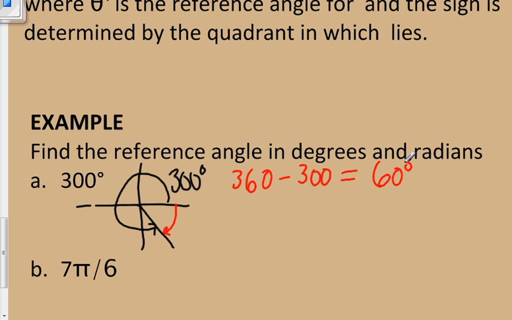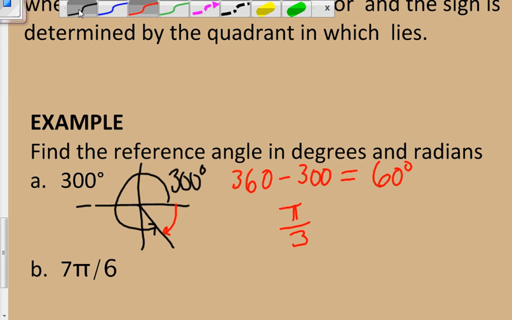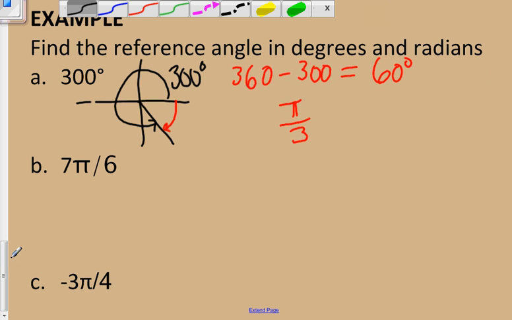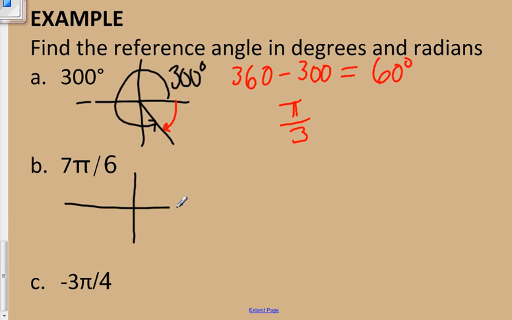In terms of radians, we know that 60 degrees is pi over 3. Take a look at another one. 7 pi over 6. Now 7 pi over 6, 7 is bigger than 6. That must mean that we're in quadrant number 3. So here's my angle. This is 7 pi over 6. If you look at just the 7 over 6, we know that's a little bit more than 1, but not more than 1.5.